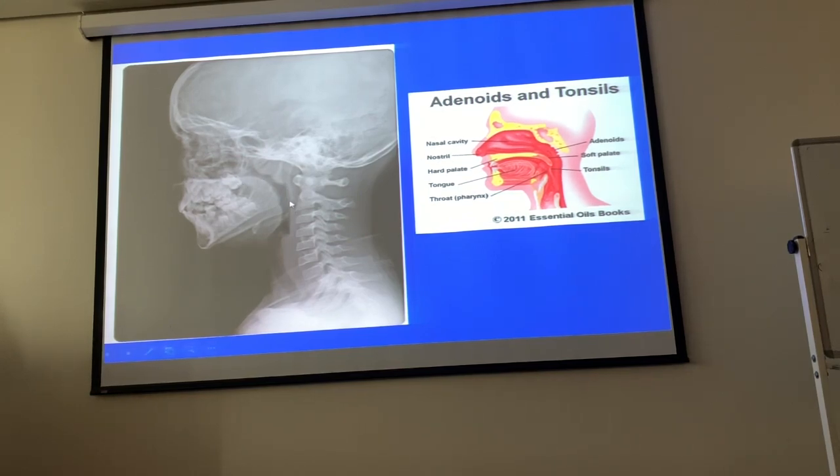Now you see this border, it should be a regular border, convex. But you see that there is indentation, extrinsic impression. This is because the adenoid is enlarged, it's pediatric. So because of adenoid enlargement, there is obstruction.